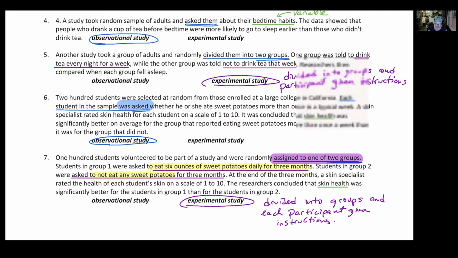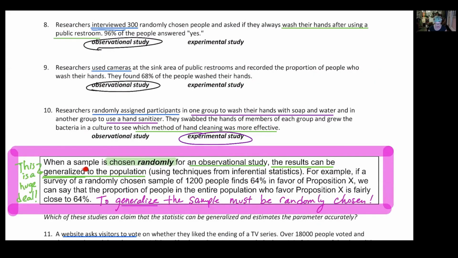In an observational study, when a sample is chosen at random, the results can be generalized to the population. In a lot of studies, that's what we want to do. We want to be able to say, well, something happened with this group. So because our participants were randomly chosen, we can say that it's likely that same thing is going to happen with the wider population.